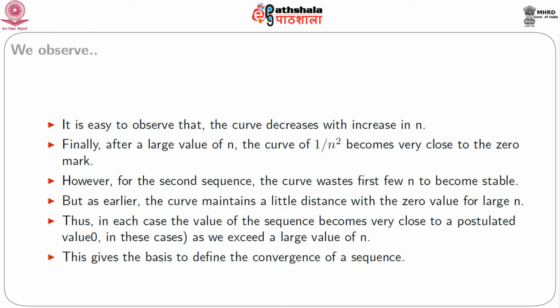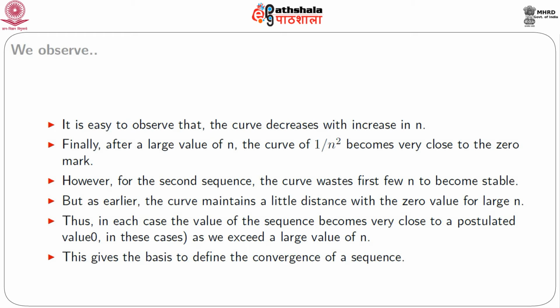So we observe that each of the curves decreases with increase in n. Finally, after a large value of n, the curve of 1 by n squared becomes very close to the 0 mark. However, for the second sequence, the curve takes the first few n to become stable. But as earlier, the curve maintains a little distance from the 0 value for large n.